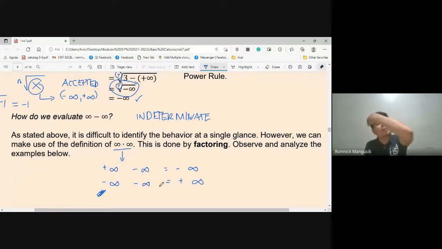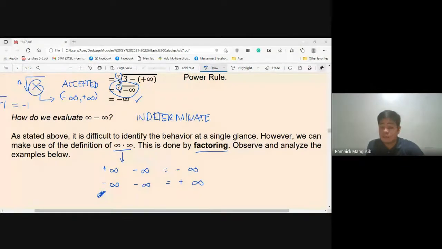Okay? Kapag magfa-factor out daw tayo, yung intention natin ay palabasin ang multiplication rule. That when you are going to multiply unlike signs, then you have negative. And the product of like signs is positive.